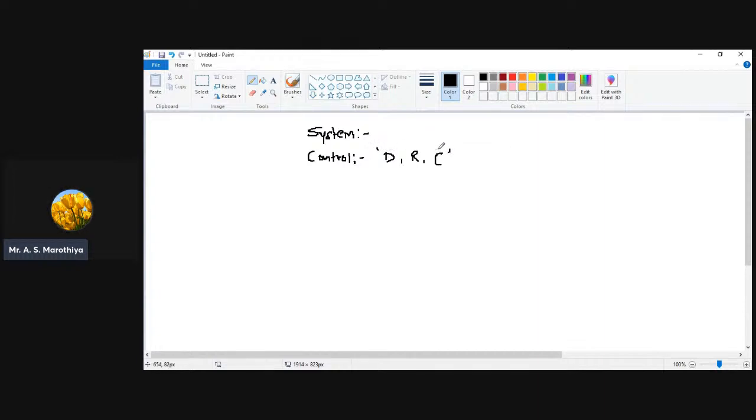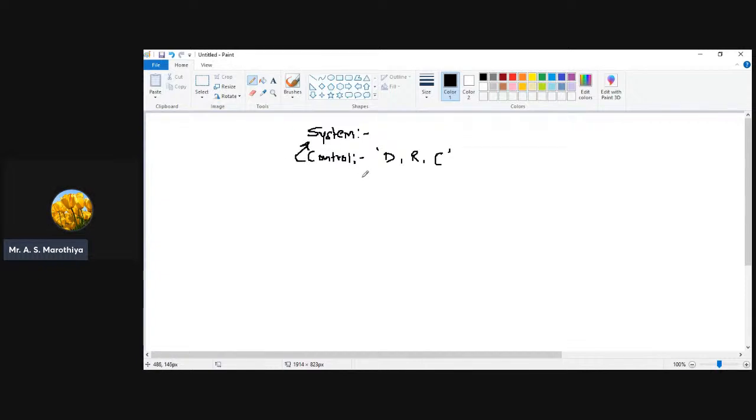If a designed system is capable of performing direction, regulation, and commanding operation on itself or some other component of the system, then we can treat that system as a control system.